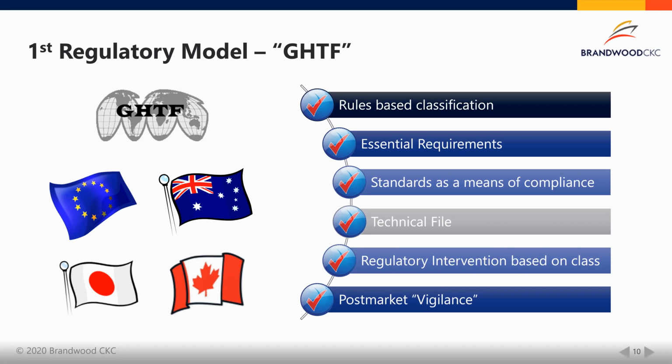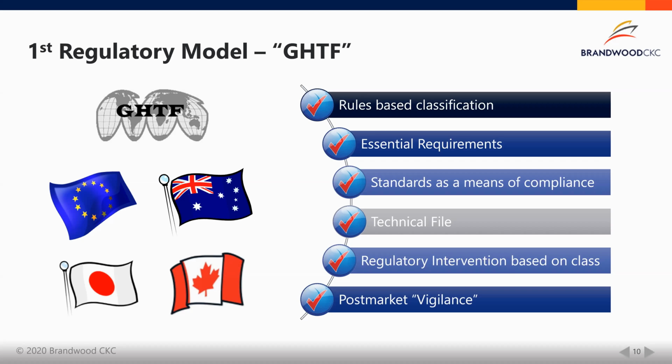So, if a device is intended to be implanted and support life, like a pacemaker, then it's going to have a higher classification than something like a blood pressure monitor, which will have a lower classification. And your classification determines the amount of scrutiny that your device will be looked at with. Another aspect to this is the essential requirements.